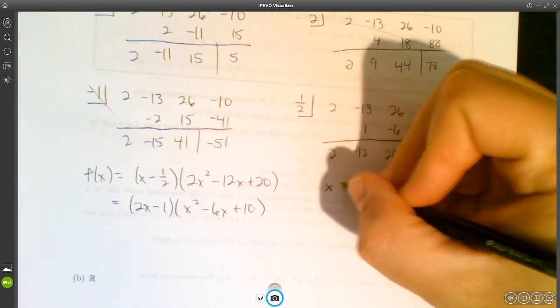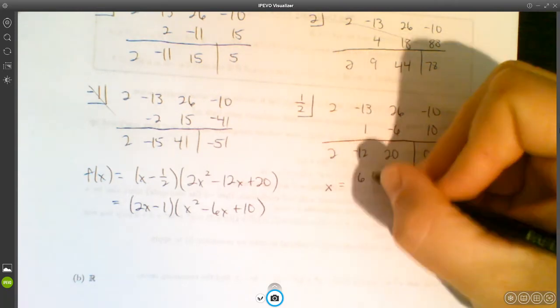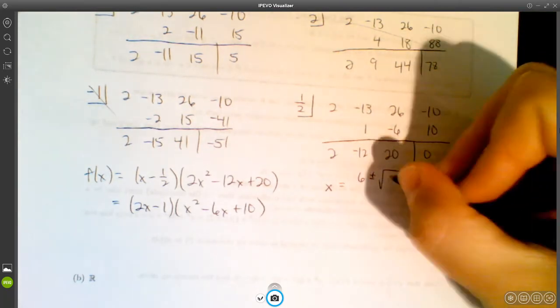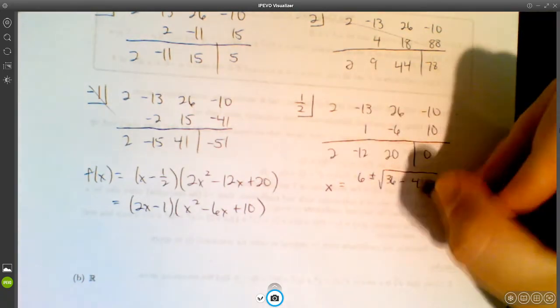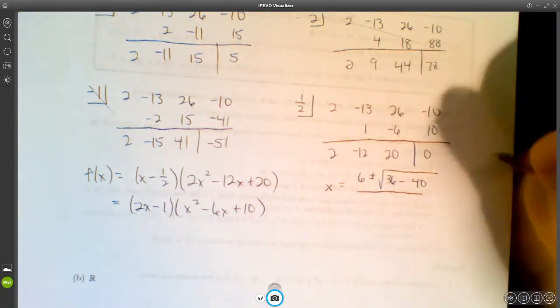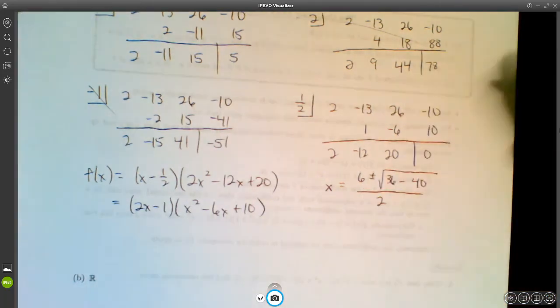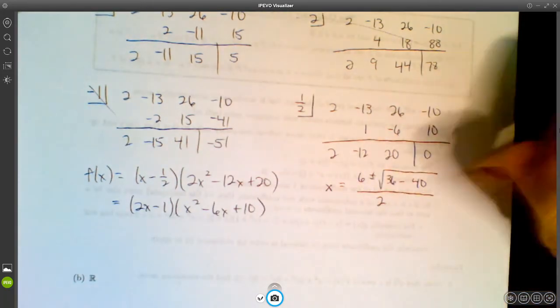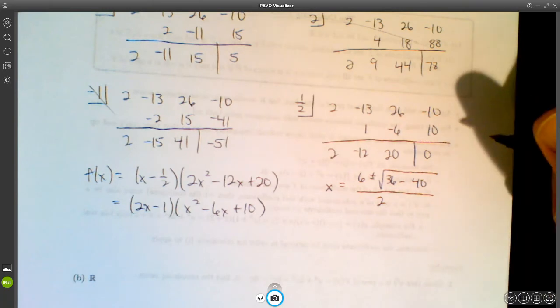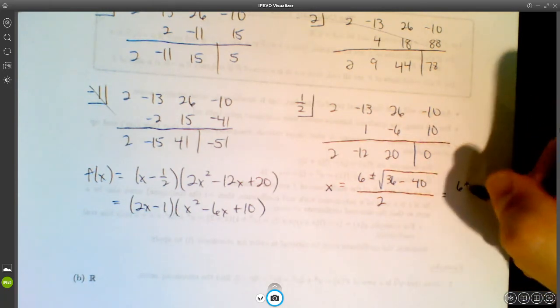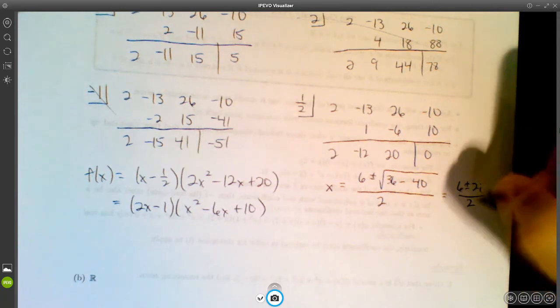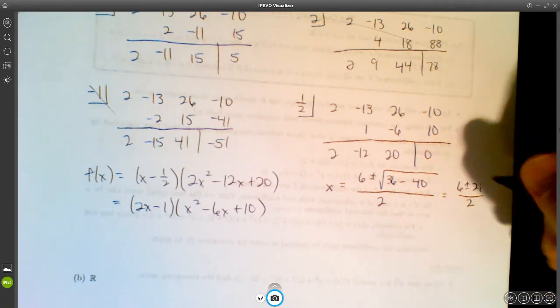I'm going to say x is -b plus or minus the square root of b squared minus 4 times a times c, over 2a. Ooh, non-real. So 36 minus 40 is -4. Square root of -4 is 2i, right? So I get 6 plus or minus 2i over 2. So that's 3 plus or minus i.